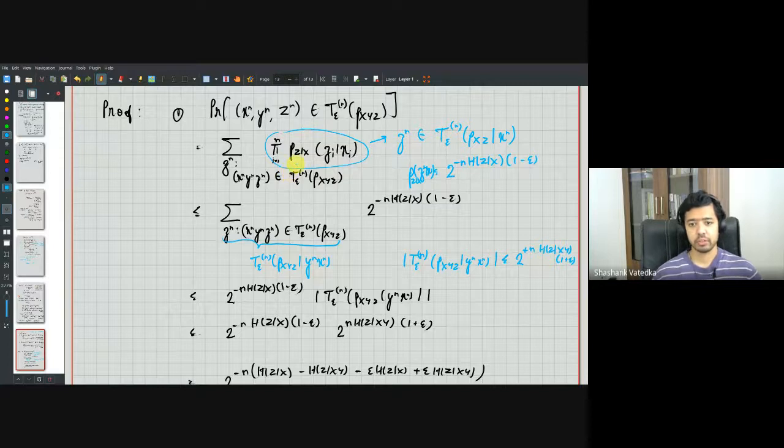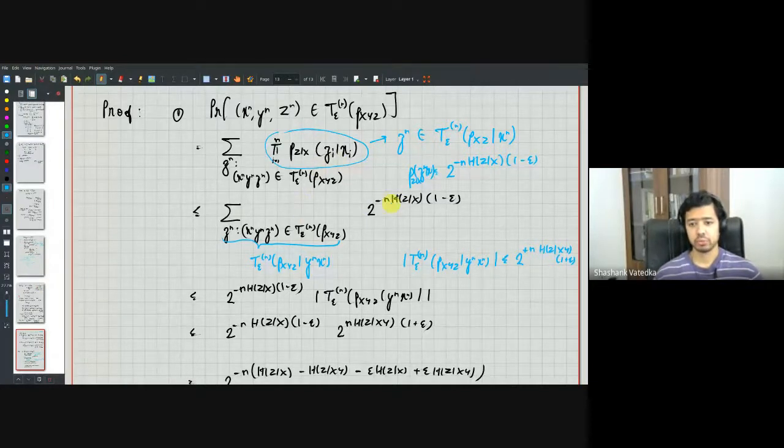But if it is conditionally typical, then this probability is upper bounded by 2 raised to minus n times h of z given x times 1 minus epsilon, because we're drawing according to p z given x and not according to p z given xy. If we were drawing according to p z given xy, then this quantity would have been 2 raised to minus n times h of z given xy.